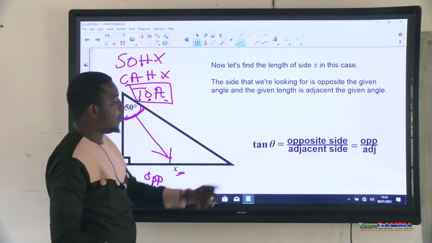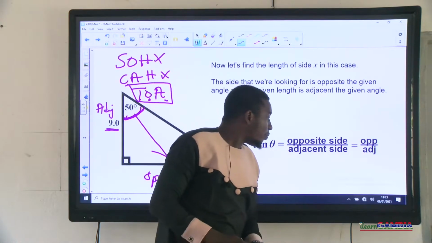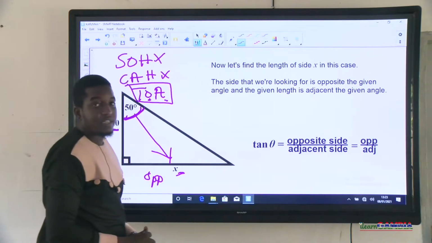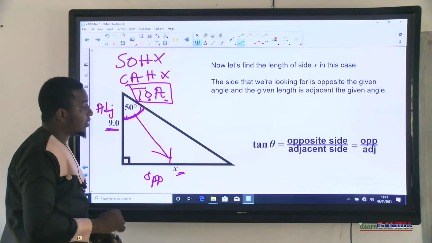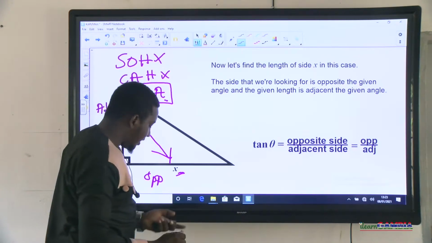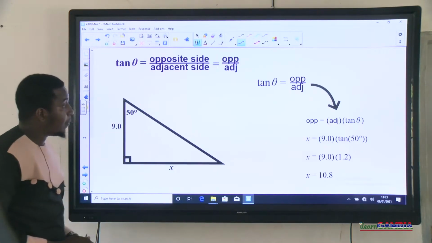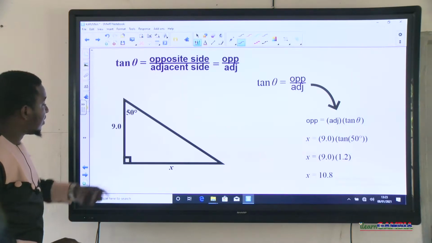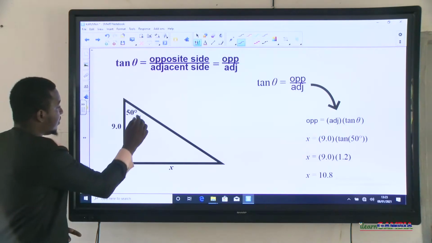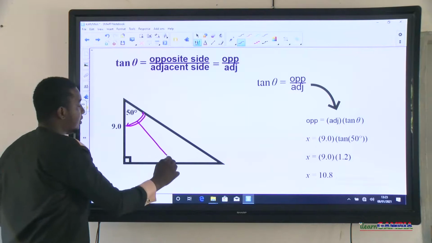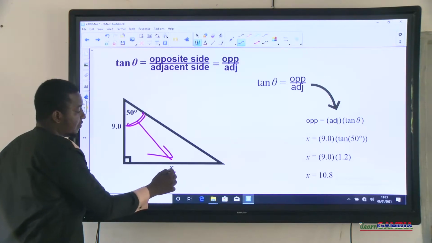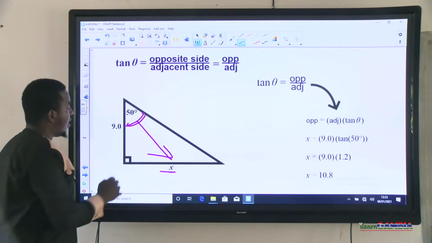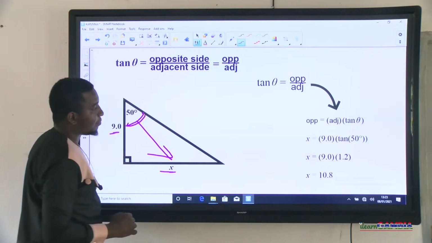That is why we have the formula here. Tan theta is equal to the opposite side divided by the adjacent side. That is exactly what we have here. Remember, this is the reference angle. And this is the side opposite to the reference angle, which is the value that we are going to find, which is x. And here we have the adjacent side.